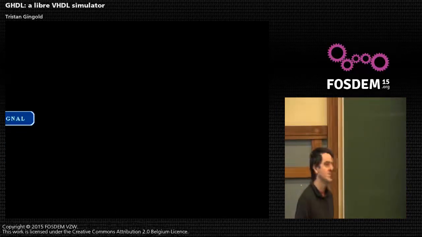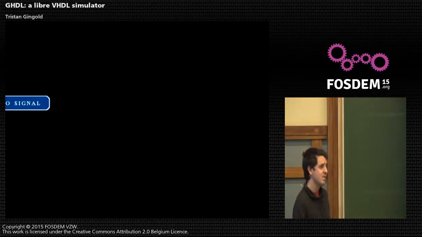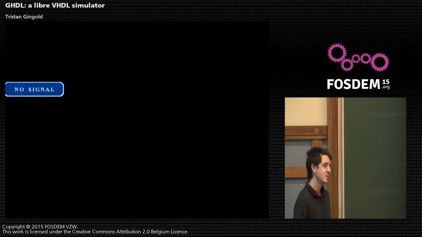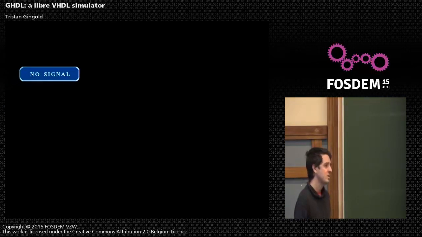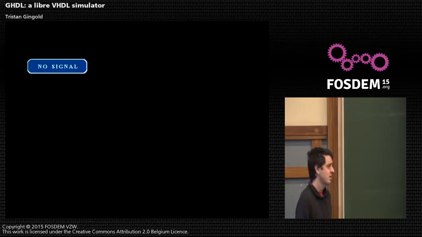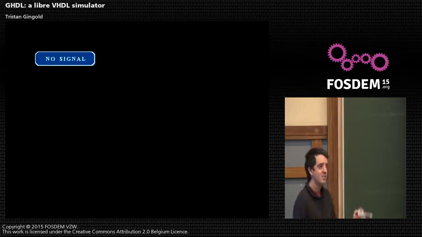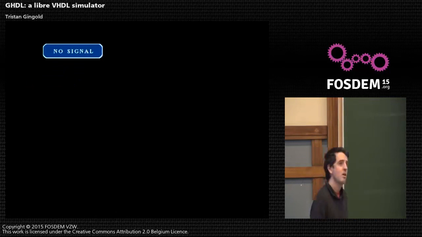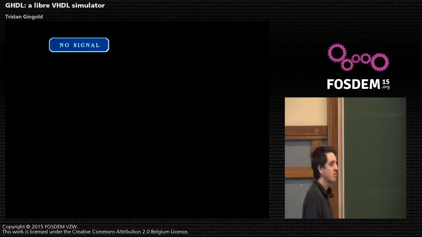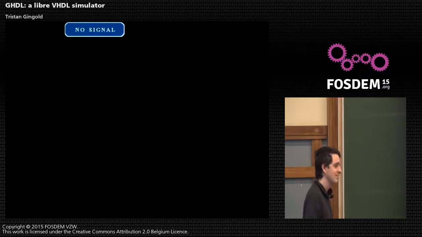It becomes too slow. I haven't tried a big design with LLVM. That would be a good idea. The nice thing about LLVM is that it can also do JIT, which is an interesting feature. The internal code generator, mcode, I don't want to spend too much time on it, but it scales very well.